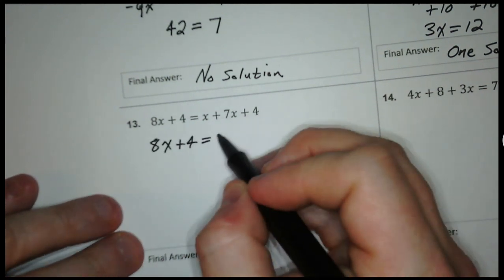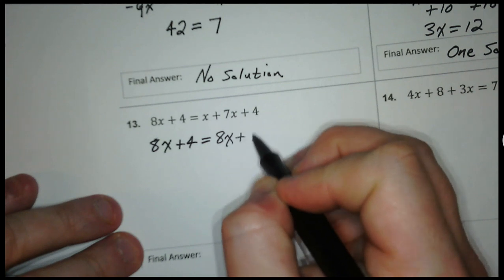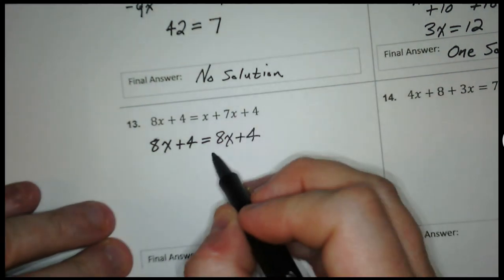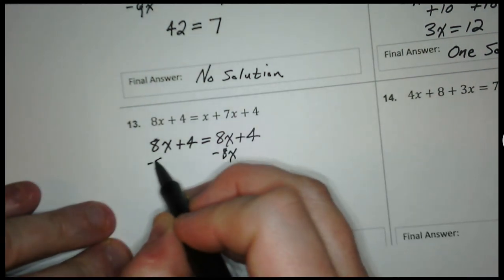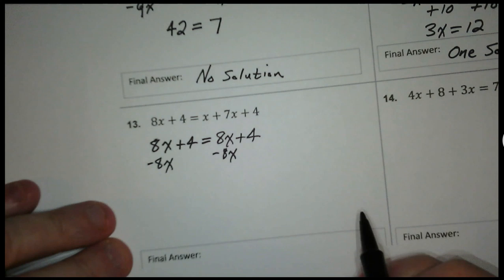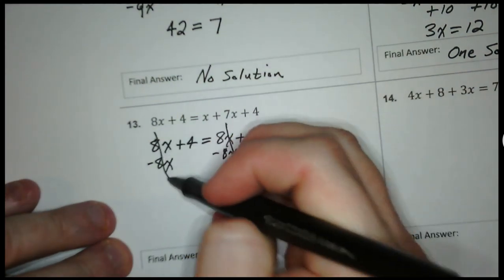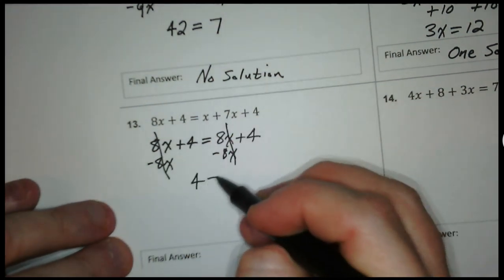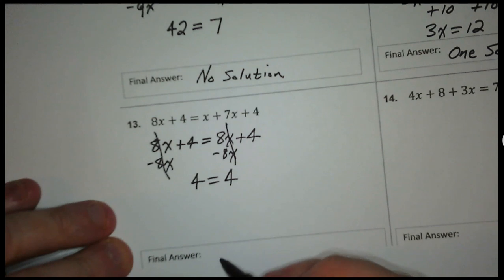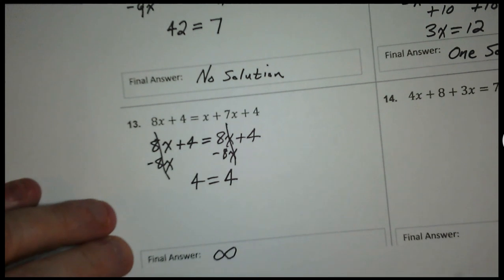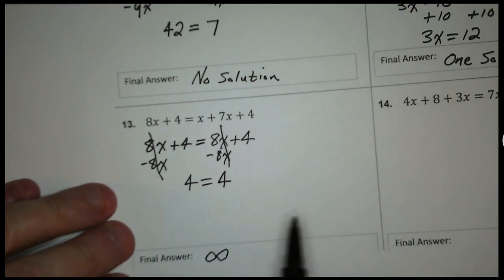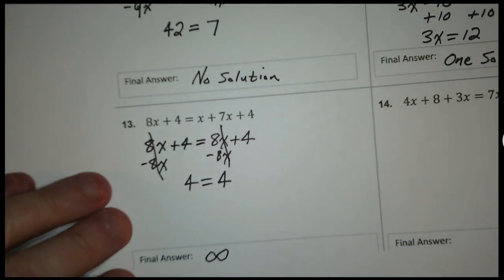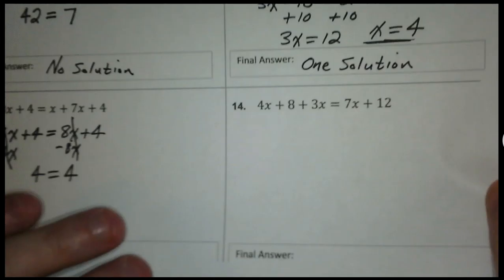In this problem, there were some terms to combine over here, and now when we go to get the x's only on one side, they totally go away, and what you're left with is 4 equals 4, which is true. 4 does equal 4. And so the answer is that there's infinitely many answers.